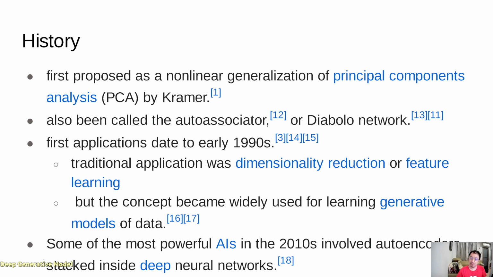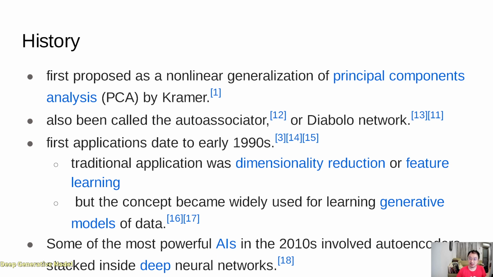Because PCA is often used as a dimensional reduction, feature selection, feature learning method or algorithm, it's not a surprise this kind of thing can be considered as a more advanced or generalized algorithm of PCA.